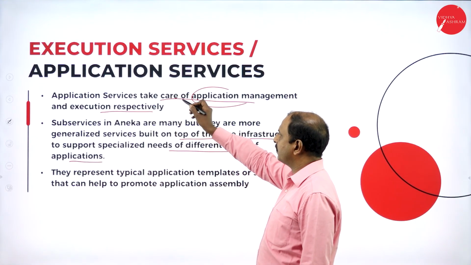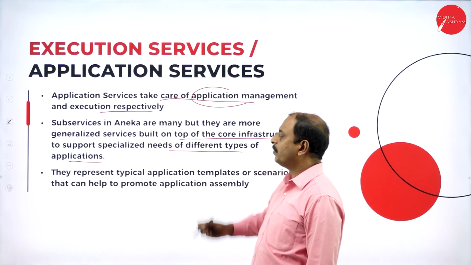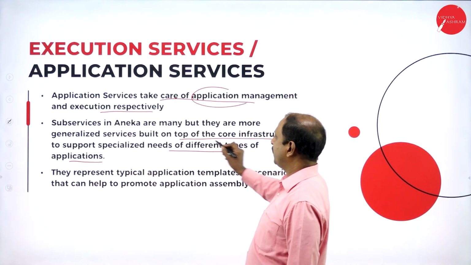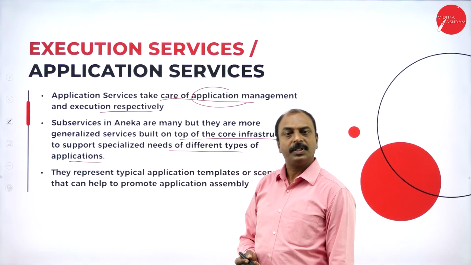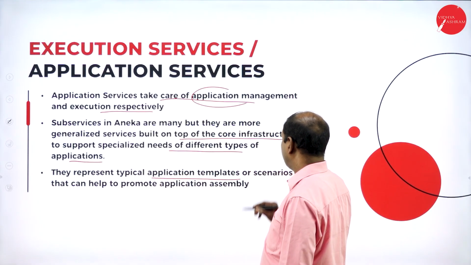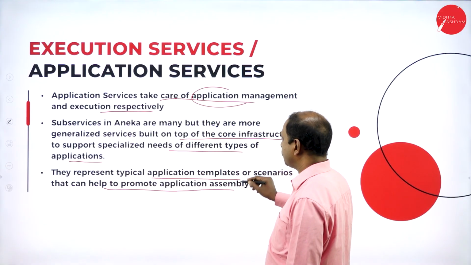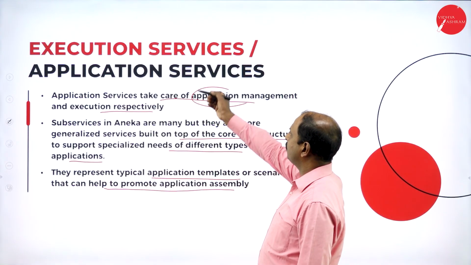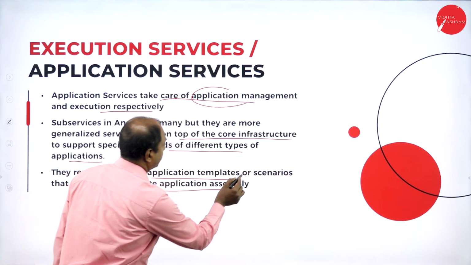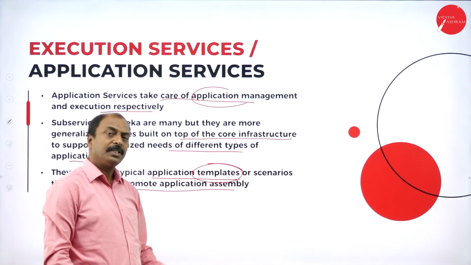This is the main service of application services, and apart from that, as it is deployed over the infrastructure, it is going to provide different types of services to the users. They represent typical application templates or scenarios to help promote application assembly.